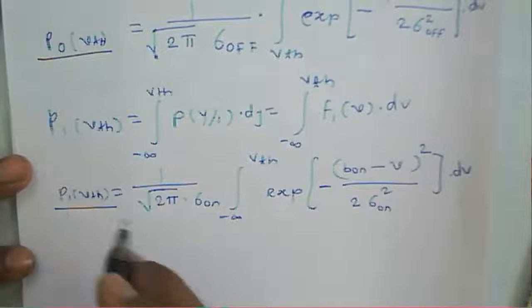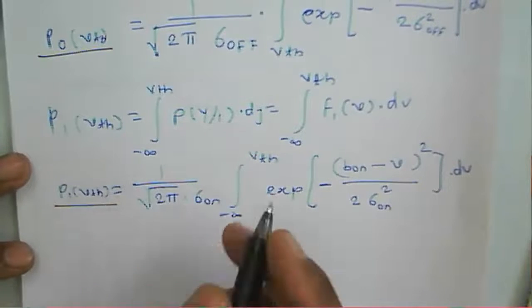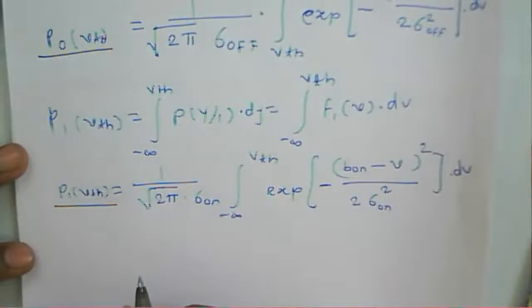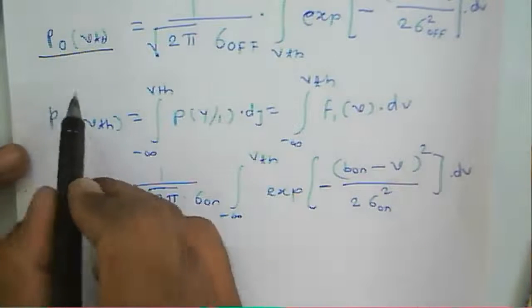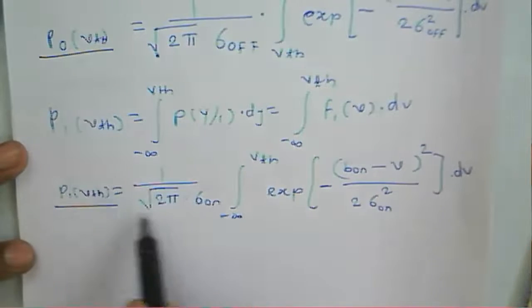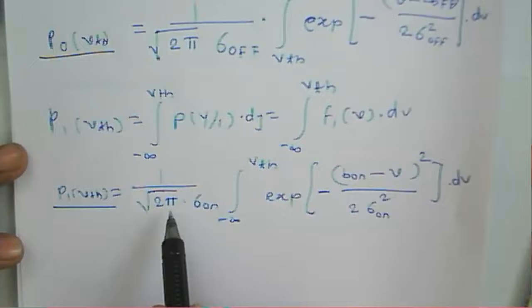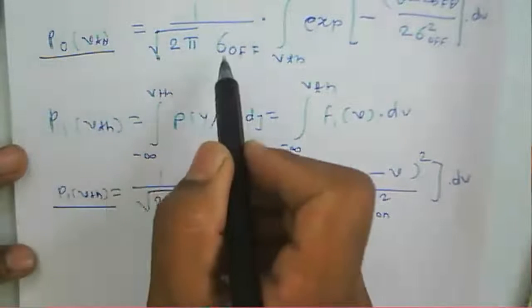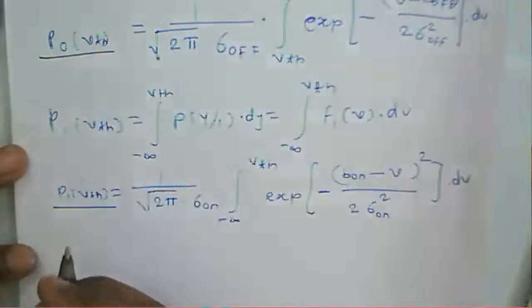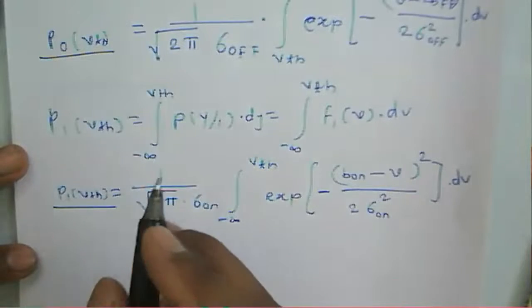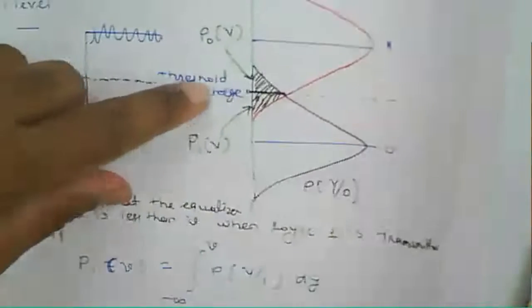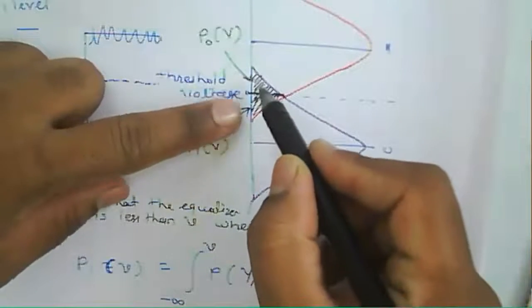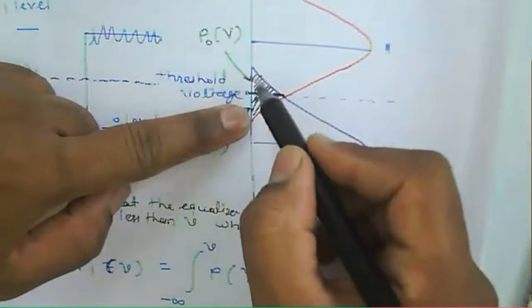A receiver operation, so we will consider the probability of error. When a 0 is transmitted or a 1 is transmitted, even if a 0 is transmitted, we may get an output that is high, so that's the probability of 0.